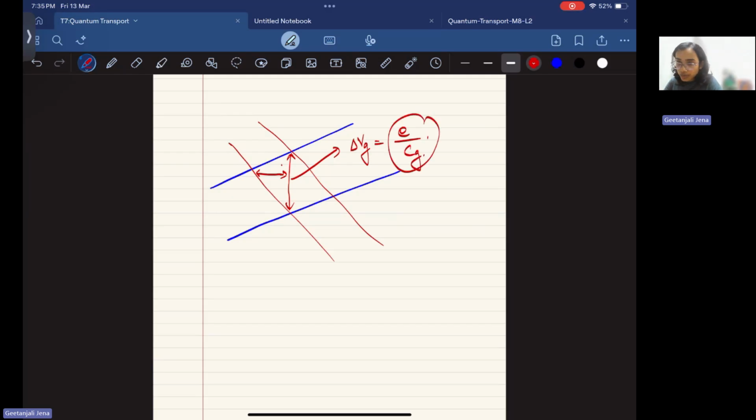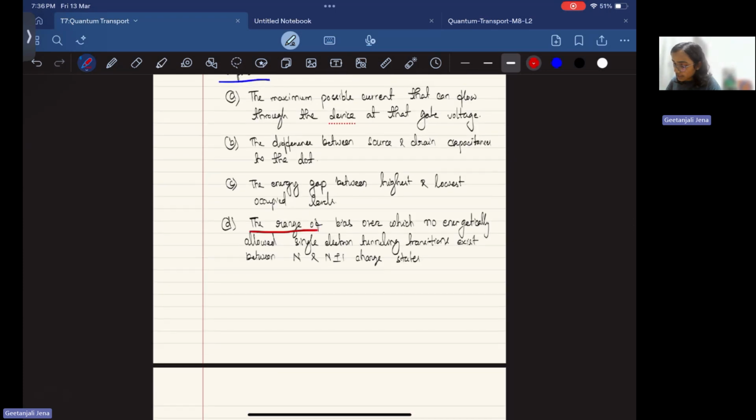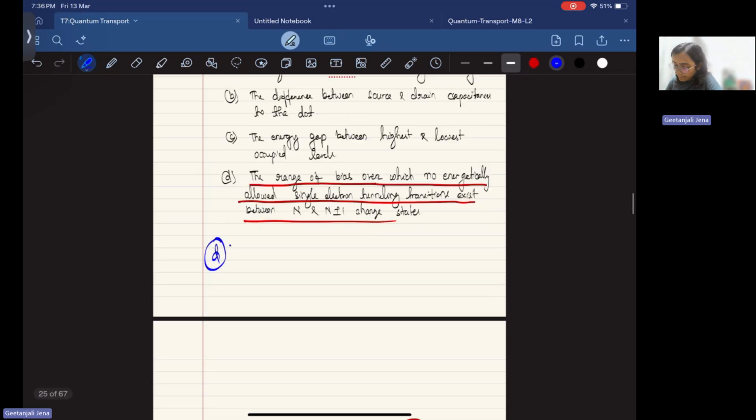So it is related to the periodicity of the Coulomb blockade oscillation. And for this horizontal direction, this is related to delta V, which is the charging energy, e squared by C. So that means this Coulomb blockade region represents the range of bias over which no energetically allowed single electron tunneling can exist between n and n plus 1 charge states. So the answer for this is option D.